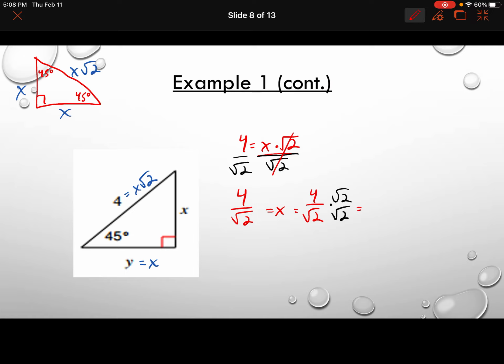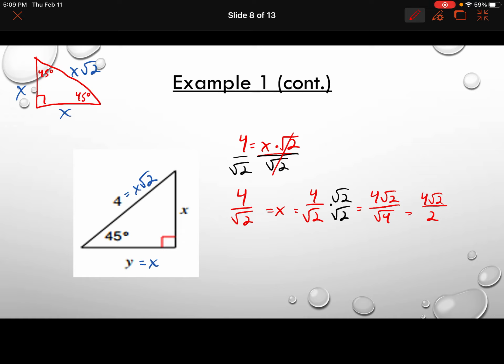So this gives us 4 square root of 2, because the 4 and the 2 don't multiply in this case, because 4 doesn't have a square root and the 2 does. And then the square root of 2 times the square root of 2, just like we saw in the previous problem, is the square root of 4. Finally, the square root of 4 is 2. Okay? And then if you really wanted, so we got rid of the square root in the denominator.